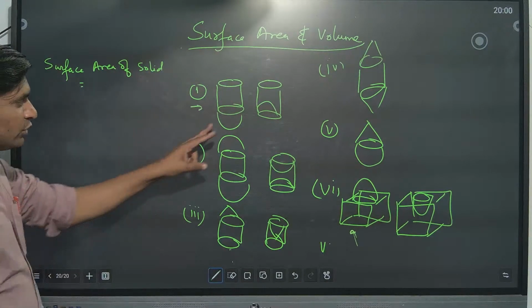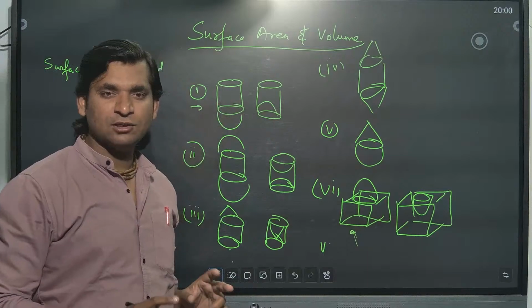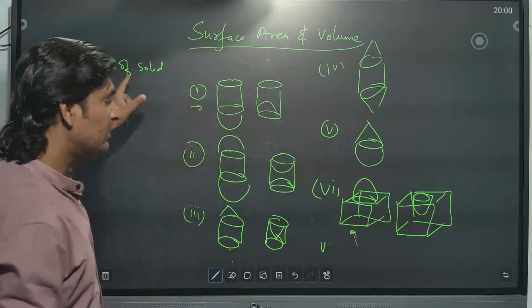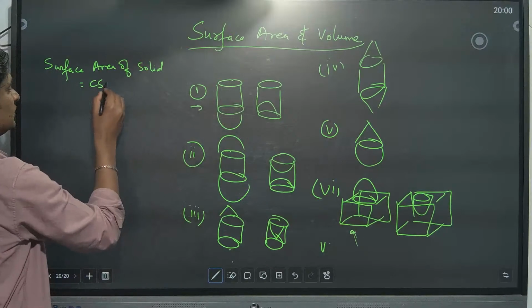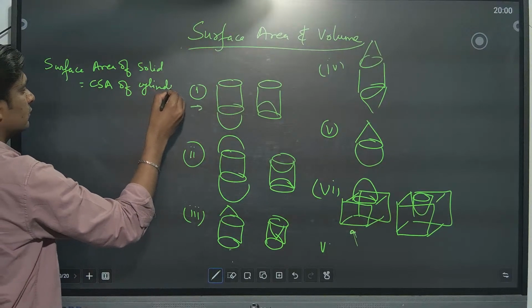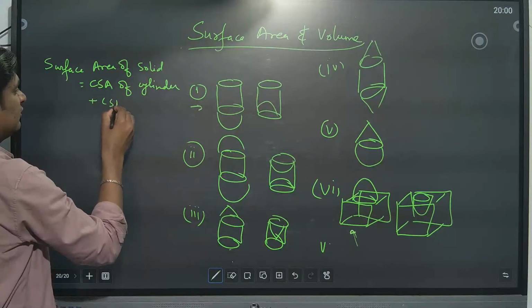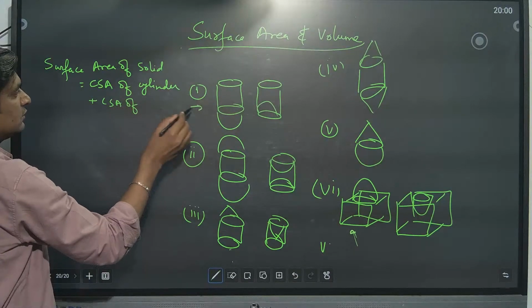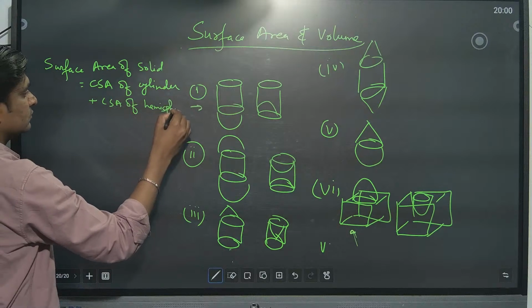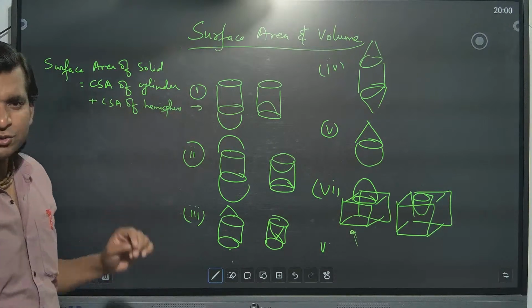First, you identify whether both are curved or lateral or curved. If both are curved, only the curved surface area of both will come. CSA of cylinder plus CSA of hemisphere. These two will come.